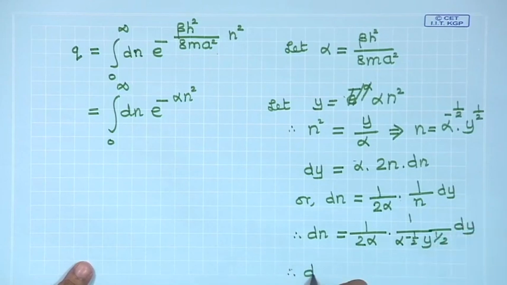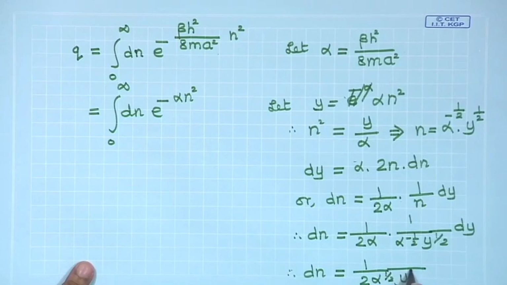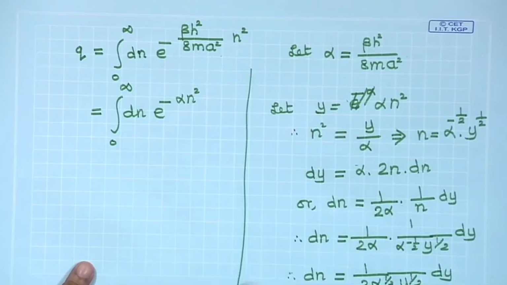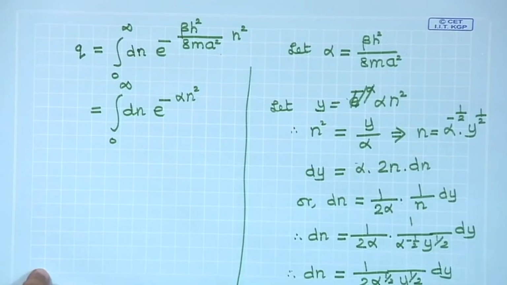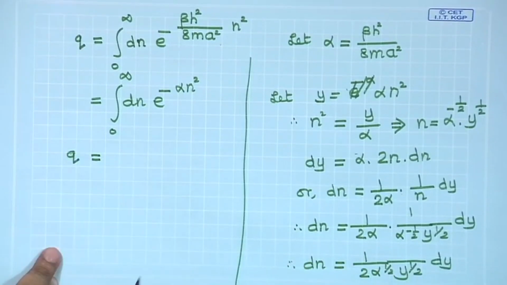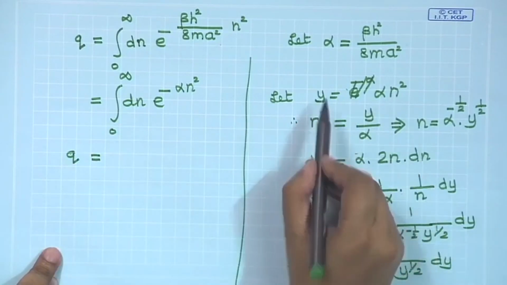A little bit more of algebra, and then what I find is that I have here half alpha to the power of half y to the power of half into d y. Now, I am going to use these new variables in order to find what small q is. Now, when n is equal to 0, what is y? y is equal to 0.